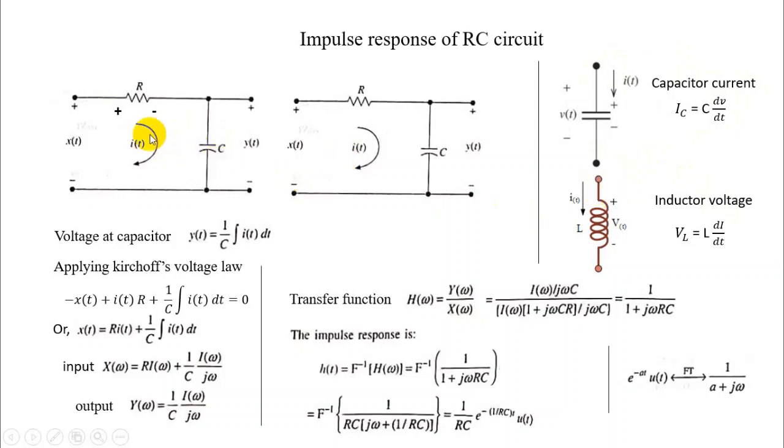After applying Kirchhoff's voltage law, you will get the input, and taking the relation for either the inductor or capacitor, you will get the output. From these two you will get the transfer function by taking the ratio, and taking the inverse Fourier transform, you will get the impulse response of the system.